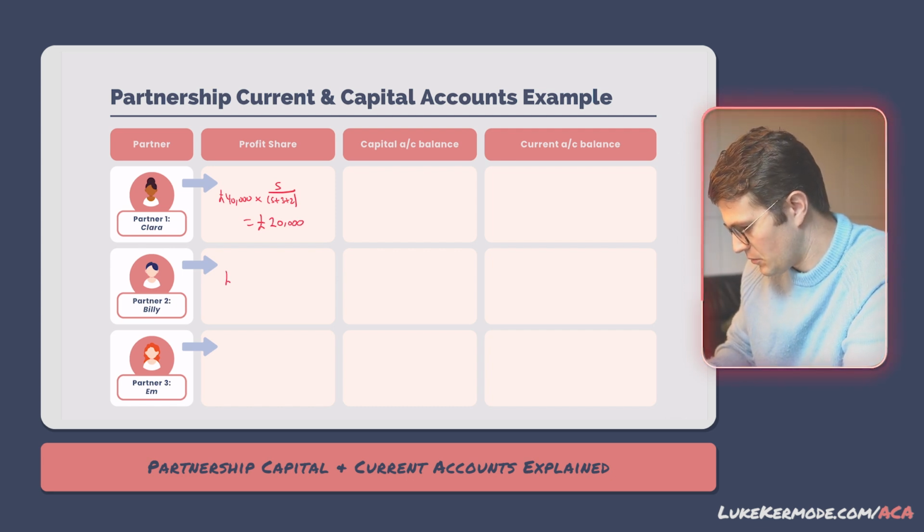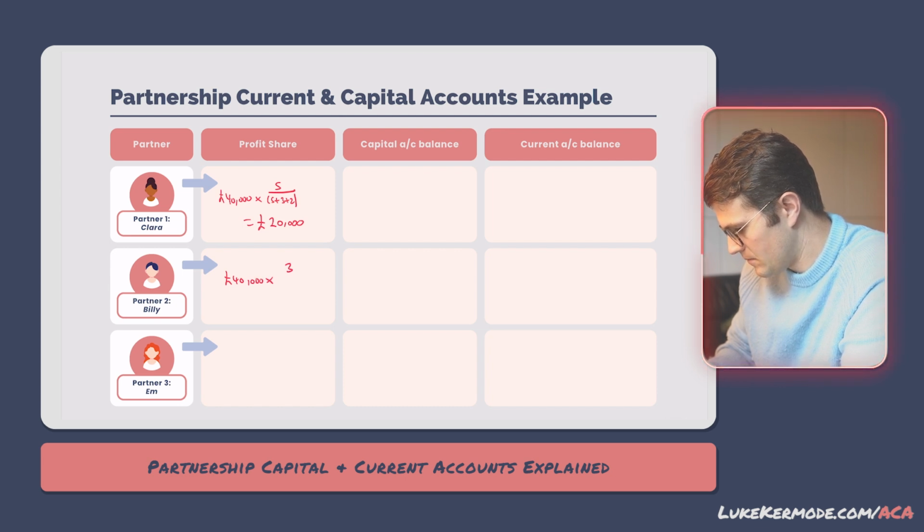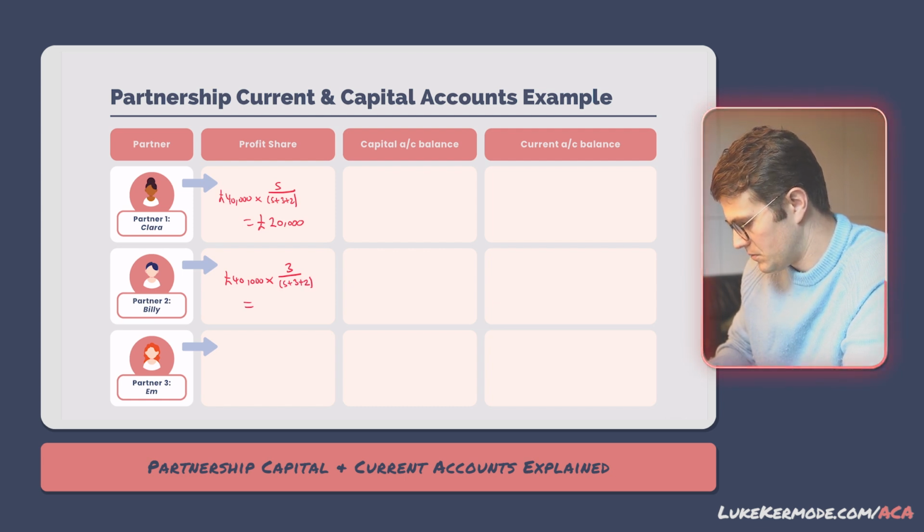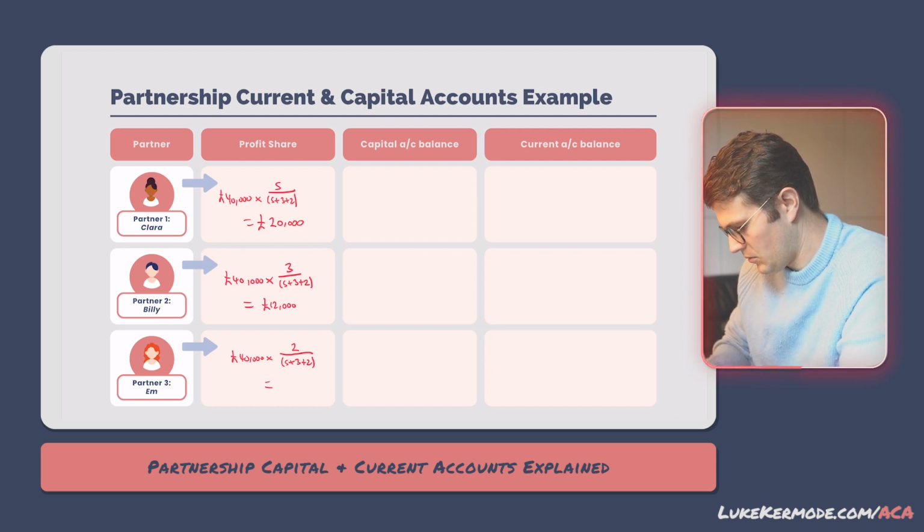Billy's share is equal to 40,000 times by 3 over 5 plus 3 plus 2, which equals 12,000, and Em's share is equal to 40,000 times by 2 over 10 equals £8,000.